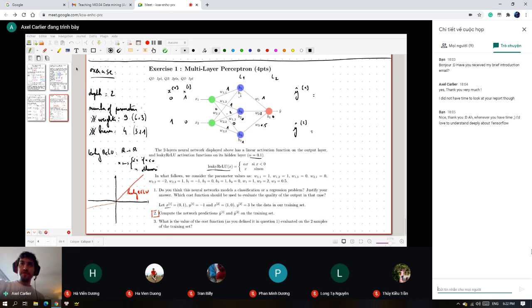So have you found any result? I have a question. According to your formula, we need to compute the output or y.